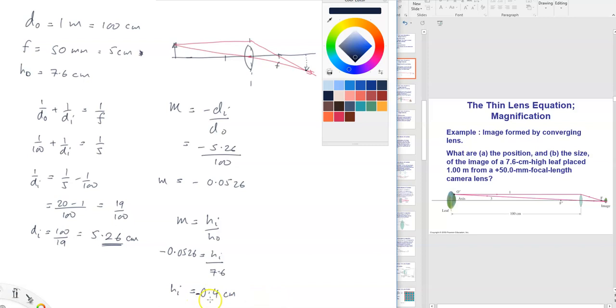That's negative. So a very small image, this diagram is not to scale. The image has to be much smaller, so 0.4 centimeters tall, negative, upside down. Alright, so this is a real, upside down, small image.